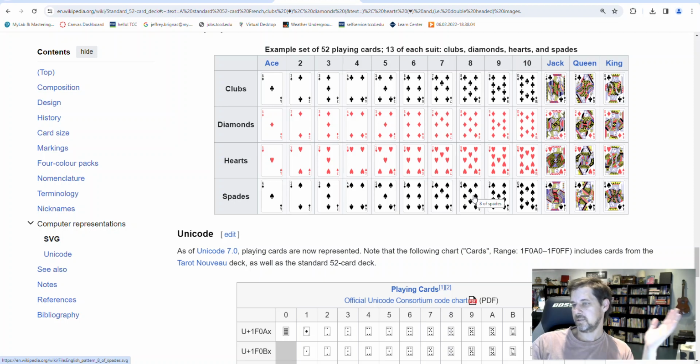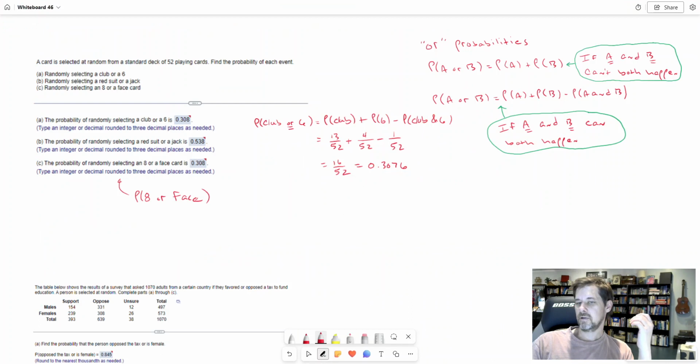Those are just different things. There's no overlap between them. There's no way you can pick both. So I use this first formula right here. It's just going to be the probability of getting an 8 at random plus the probability of getting a face card at random.